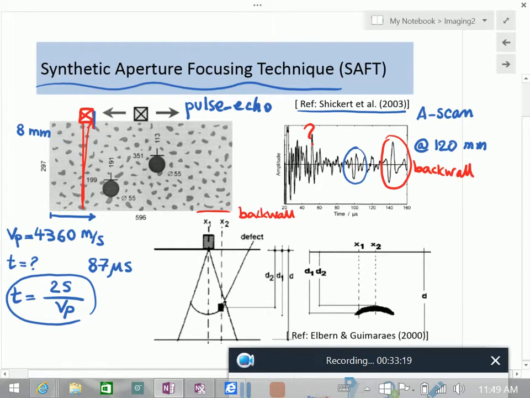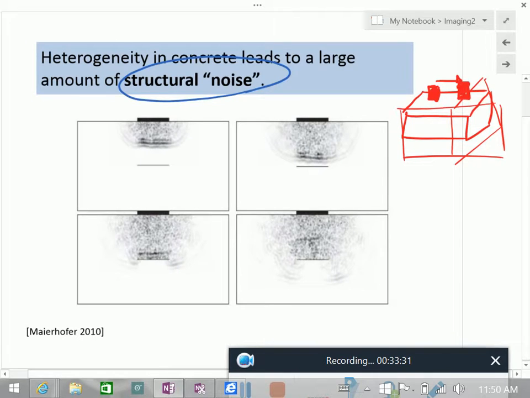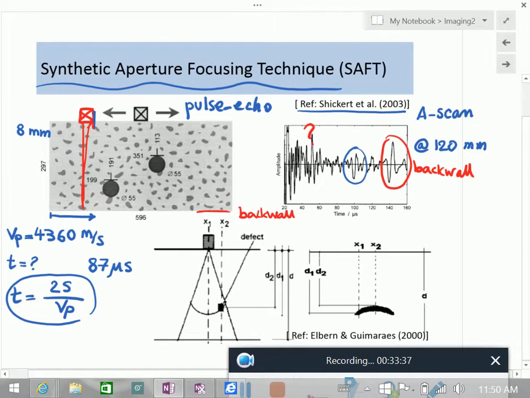Now my question is, what are those we are seeing in the beginning? Think back at this slide I showed you. Reflected by the aggregates. Right. Believe it or not, that's all the structural noise, surface wave, all those things, and you see they are not insignificant.